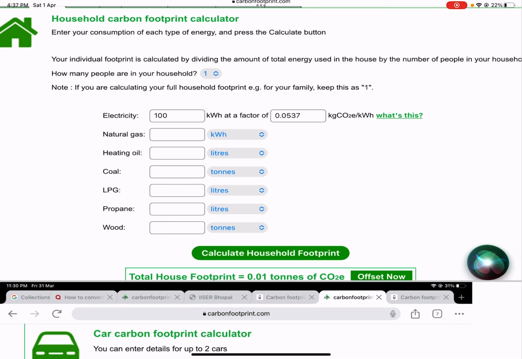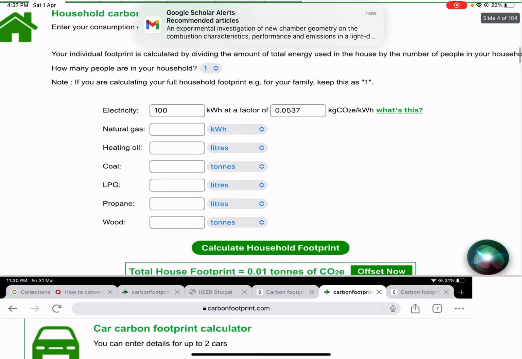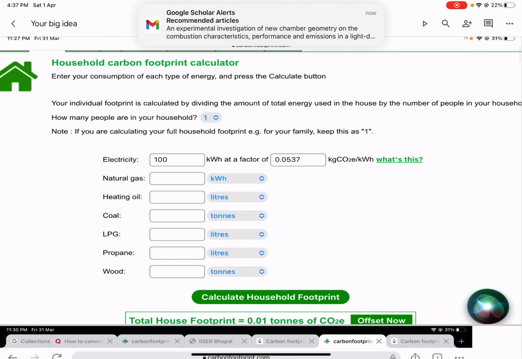Like this. And what you see over here is you need to make a provision, you need to put blank boxes for the electricity consumed. So using electricity, how much is being consumed? So for me, let us say I have 100 units of electricity being consumed, right?